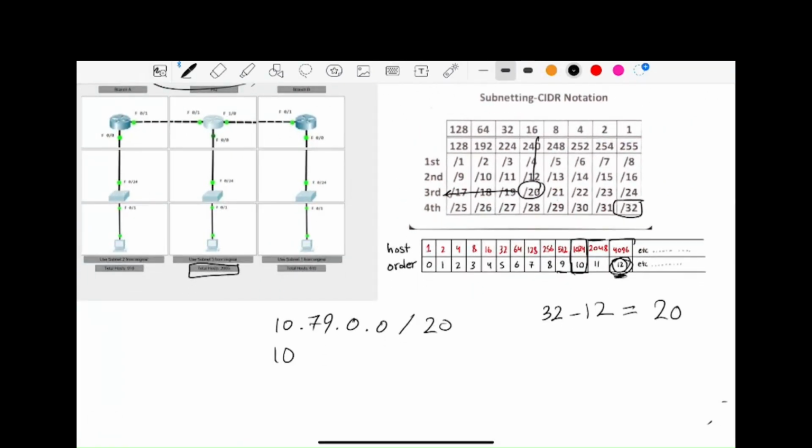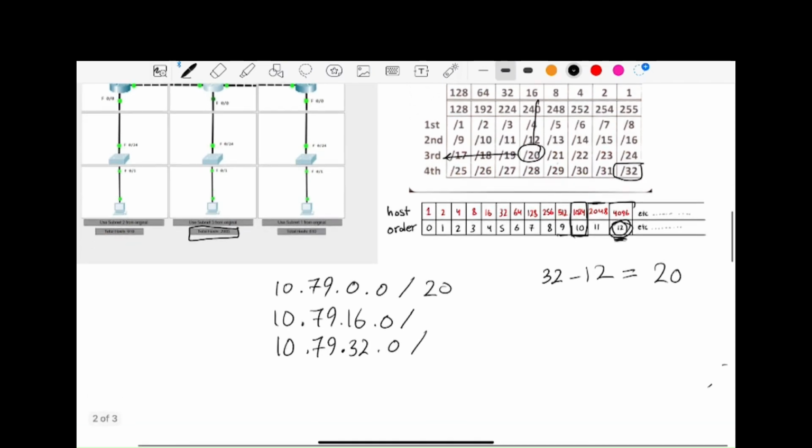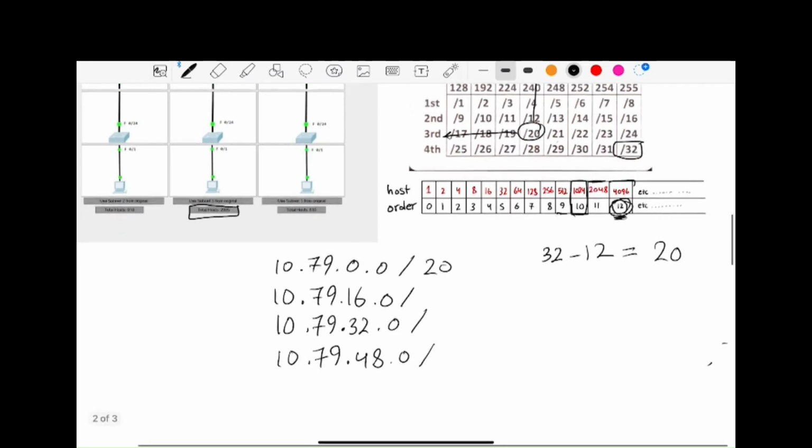So our next network will be .16.0, not 17, sorry. Then 32, 48, 64.